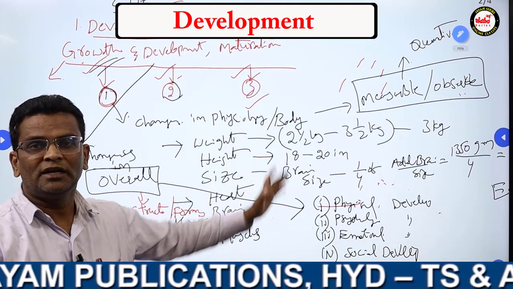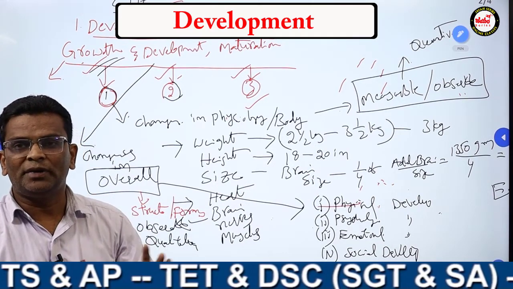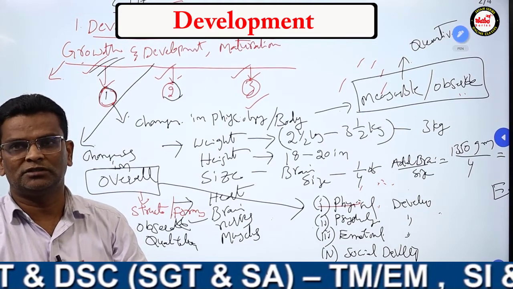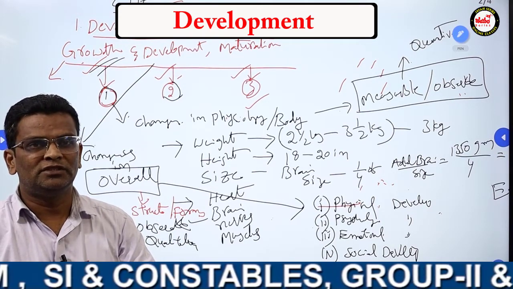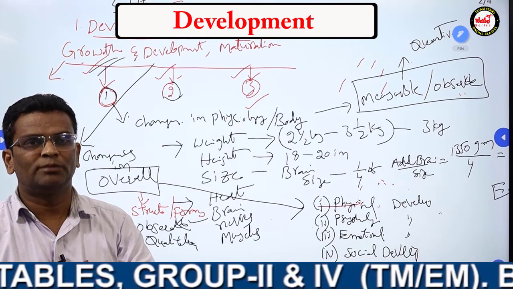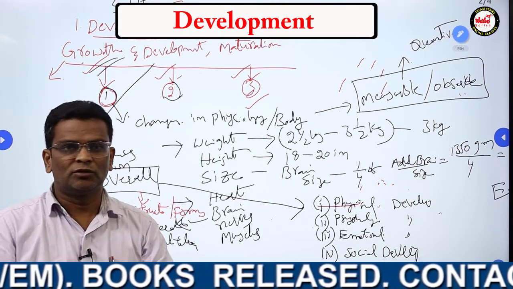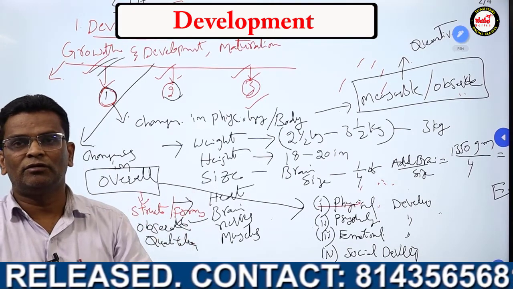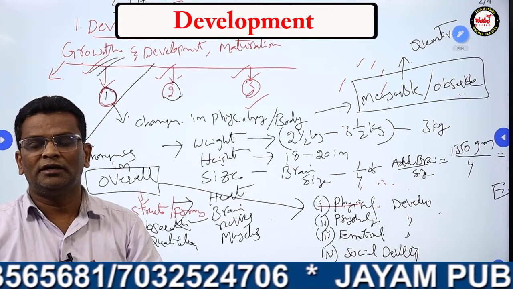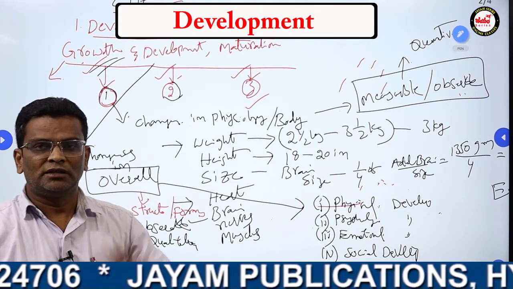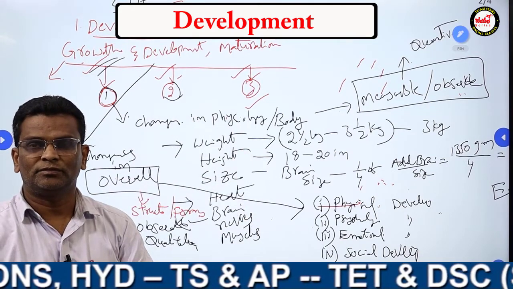But development cannot end. Development is a continuous process. But growth is a physical process. It stops at any one point. So growth is a narrow one and development is a comprehensive and broad term. This development also includes growth.